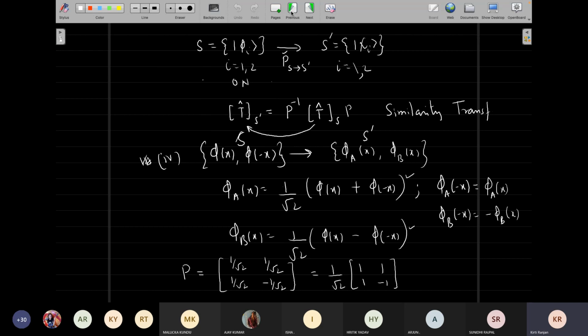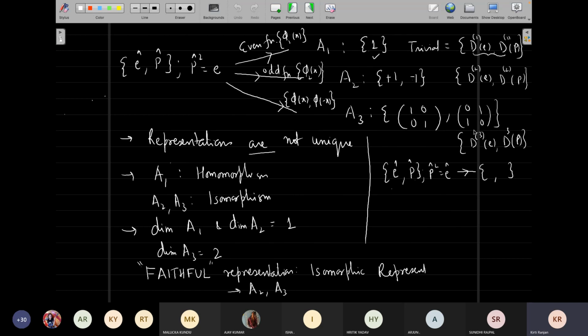What was the A3 representation? Let's go back. This was this. Just by looking at the A3 matrices, can you tell me, would you still have found the representation A4 if I did not give you the change of basis?